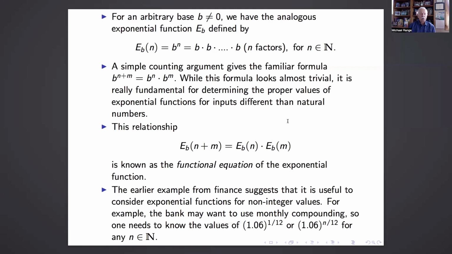The early example from finance suggests that it is useful to consider exponential functions for non-integer values. For example, the bank may want to use monthly compounding. So one needs to know the values of 1.06 to the power 1 over 12, or for several such compounding periods, 1.06 to the power n over 12 for any positive number n.